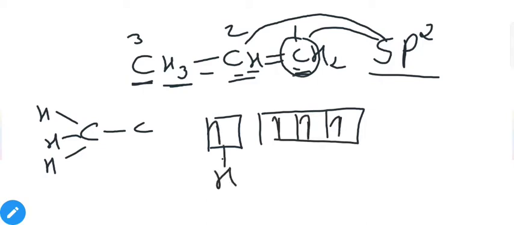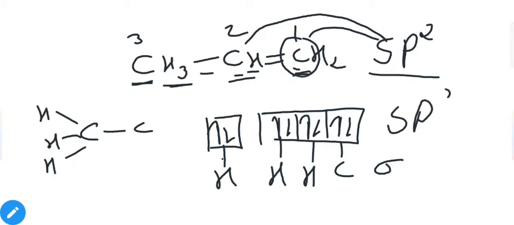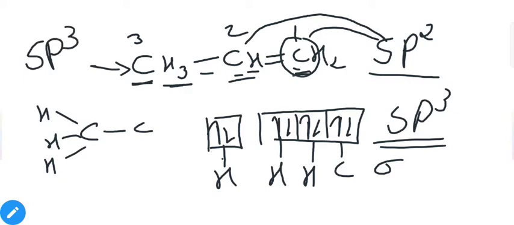One bond with one hydrogen, second bond with second hydrogen, third bond with third hydrogen, and each hydrogen will provide 1 electron, and with carbon one single bond. So all of them are sigma bond pair electrons, so we have to count all of them in hybridization. So we have one s orbital and 3 p orbitals. So the hybridization of this carbon will be sp3.